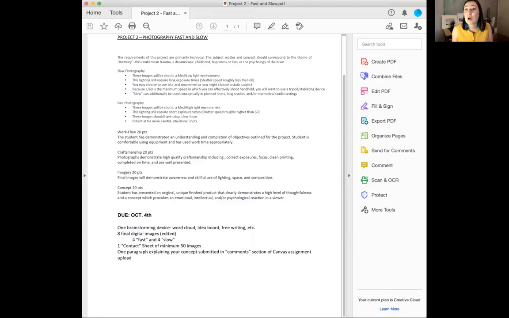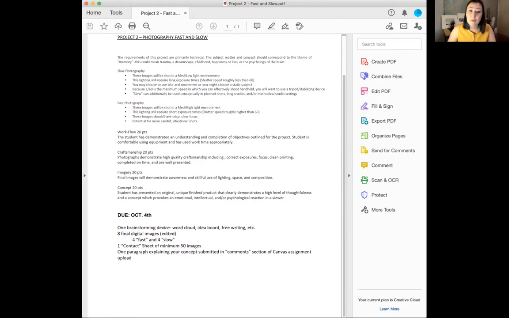So again, this is a project, so it will be graded upon the criteria that's stated in the syllabus. So that's going to be number 1, workflow. Essentially, are you using your time appropriately, creating a project that is appropriately challenging, and are you completing the objectives outlined? So are you hitting all these technical points?